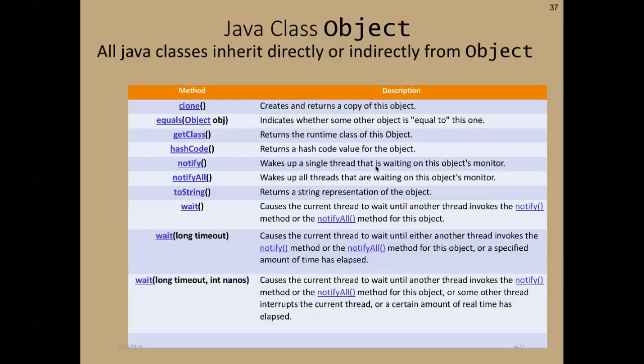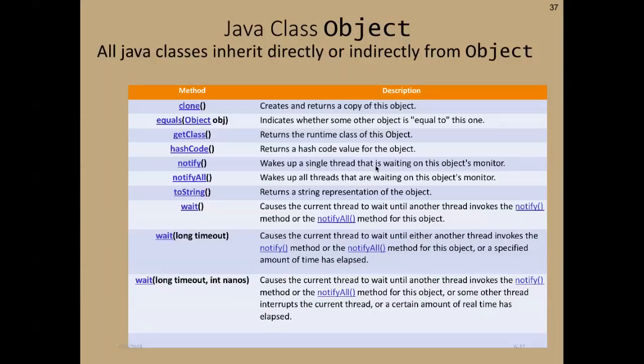Then hashCode, getClass, equals, and clone. These are the methods defined in the Object class. This is why when you create any object, all objects can use these methods.